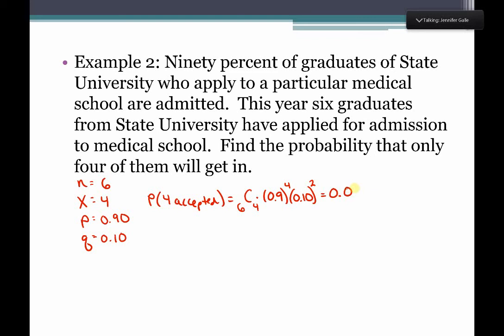Now, that's not a terrible decimal to write out exactly. 6 decimal places isn't too bad. If you really feel the need to round, I know yesterday we talked about rounding to 1 more decimal place than our outcomes. That was for mean, variance, and standard deviation. This is a probability.